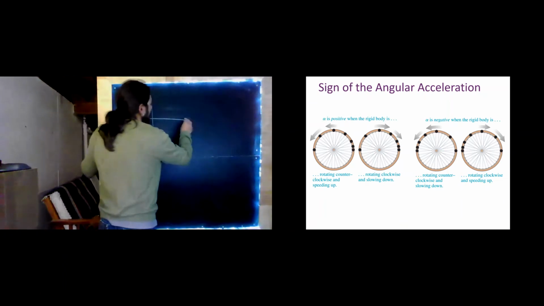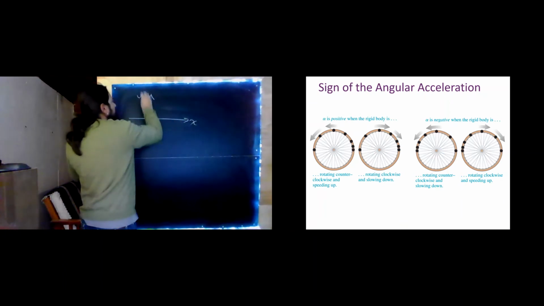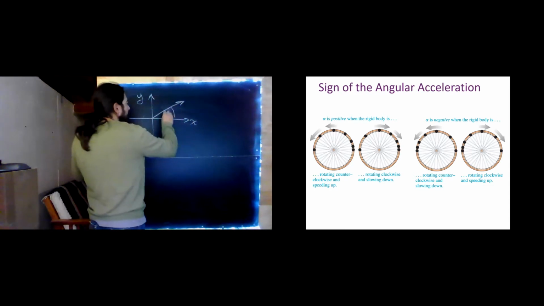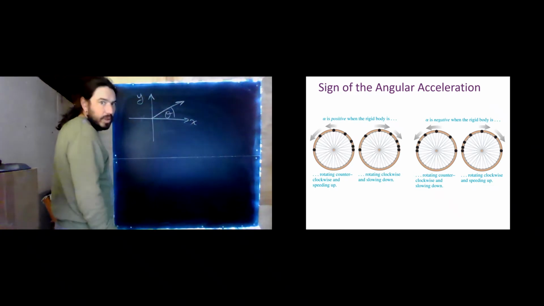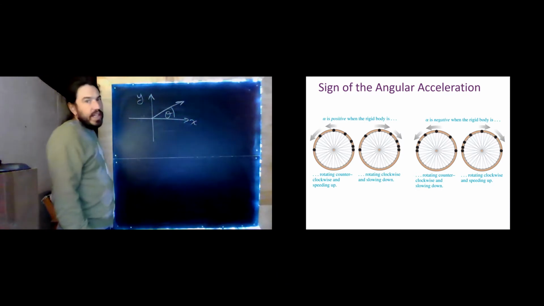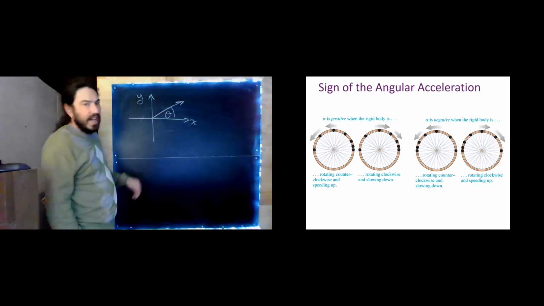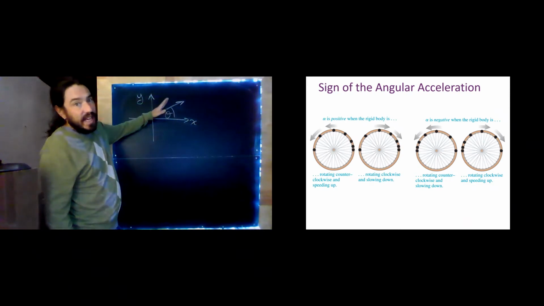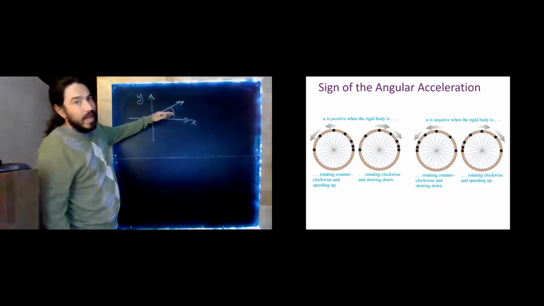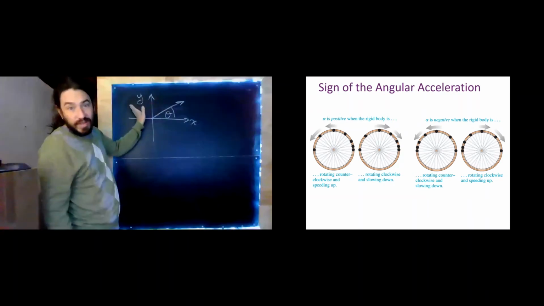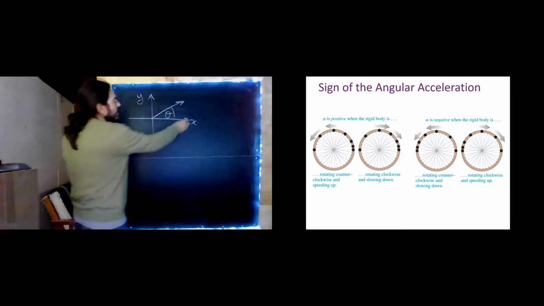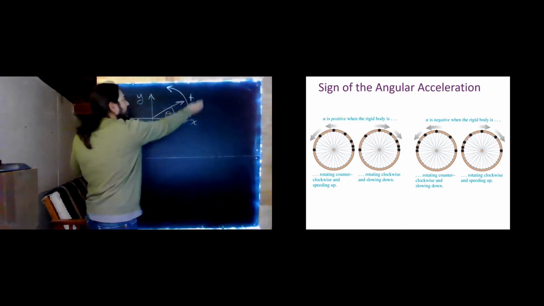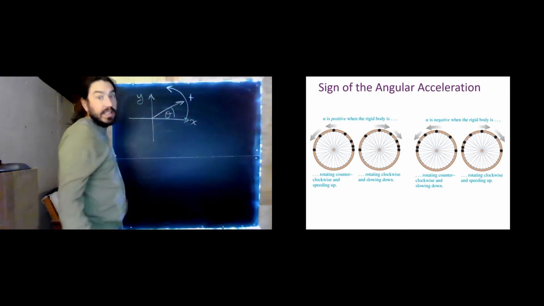If we drew a standard XY coordinate system, and we had some vector here, our default, and we've seen this in homework problems, right? Our default, if nothing else is specified, is that we're going to measure our angle above the x-axis. To be more specific, we're going to measure it counterclockwise from the x-axis. And so this is the convention we'll adopt, where counterclockwise is positive and clockwise is negative.